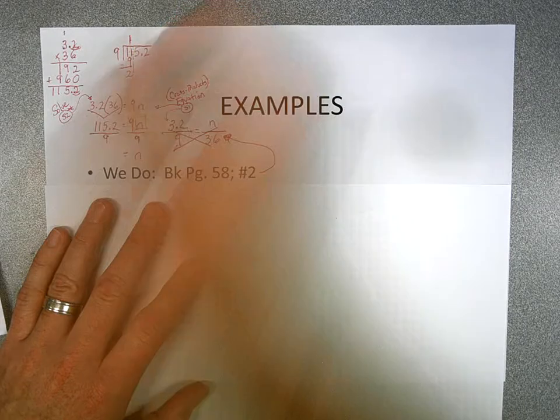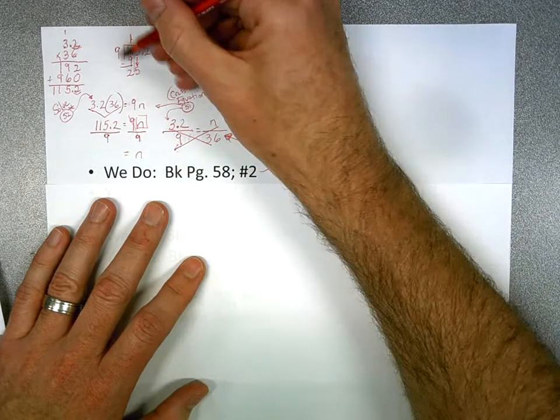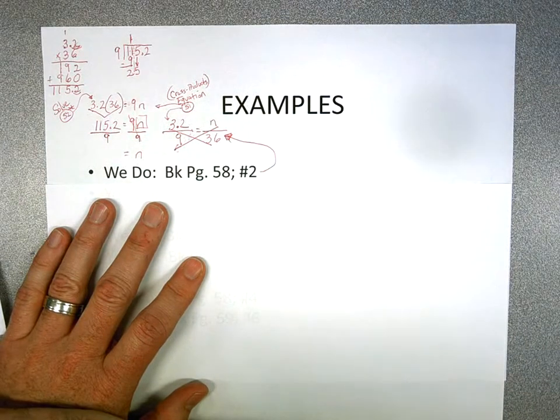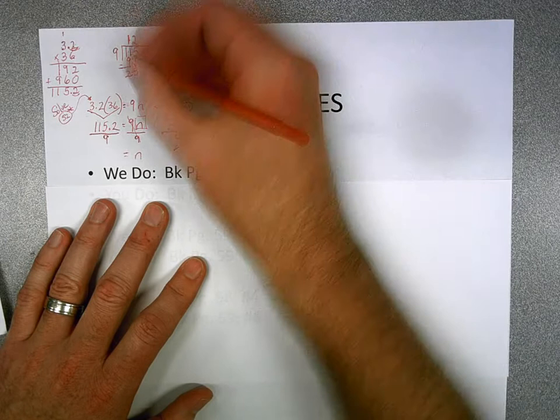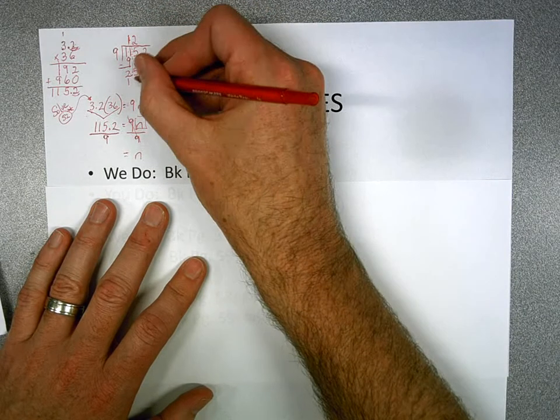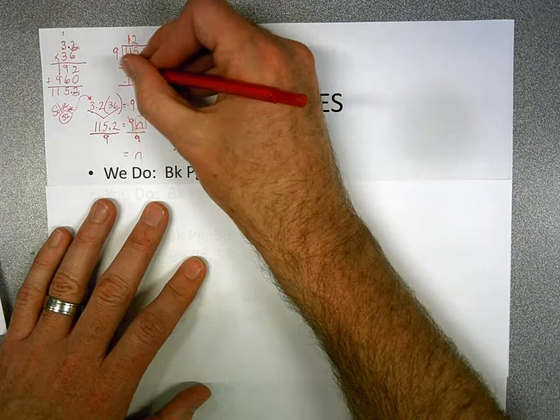Subtract, I get 2. I'm going to bring down my next digit, a 5. 9 goes into 25. Well, not 3 times, that'd be 27, so it'd have to go in twice. 2 times 9 is 18. Notice I put the 2 over the 5 since I brought the 5 down. I go ahead and subtract. I can borrow if I want.